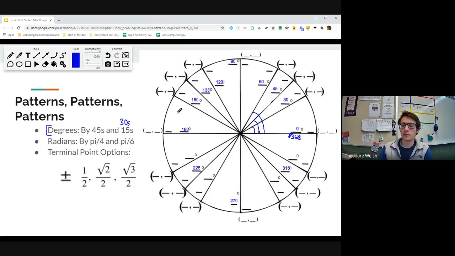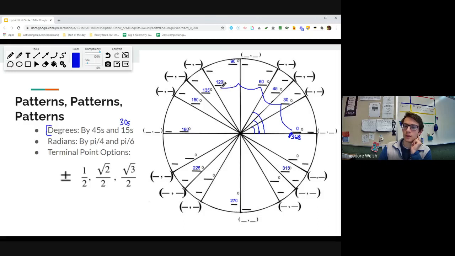A different way to think about it is you can go by 30s by incorporating also our axis angles. So 0, 90, 180, and 270. You'll notice from 0 to 30, we add 30. Skip over your 45-degree type angles. Plus 30 is 60. Plus 30 is 90.